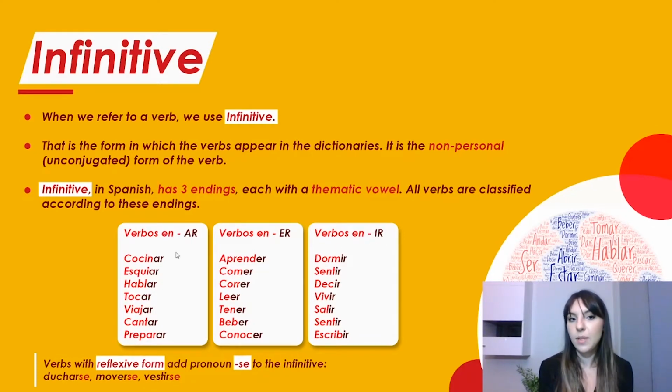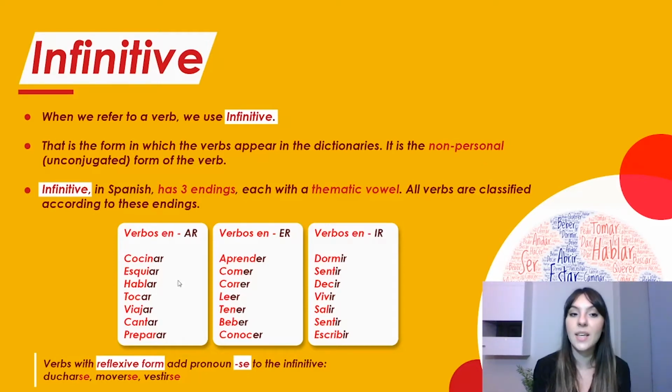Let's see the examples. Cocinar, esquiar, hablar, tocar, viajar, cantar, preparar. Verbs that end in er: aprender, comer, correr, leer, tener, beber, conocer. And verbs that end in ir: dormir, sentir, decir, vivir, salir, escribir.